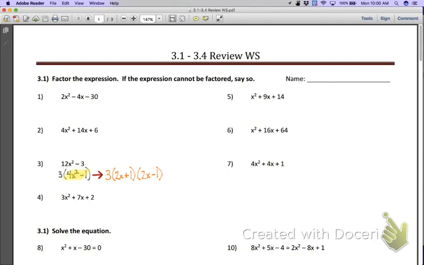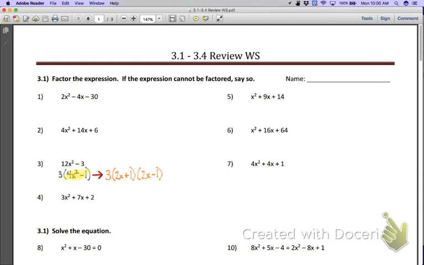Because 2x times 2x gives me the 4x squared. Whenever I multiply the 2x and the negative 1 and the 2x and the positive 1, they cancel. So I don't have a middle. That's what makes it a difference of 2 squares. And then negative 1 times positive 1 gives me the negative 1 that I have there.